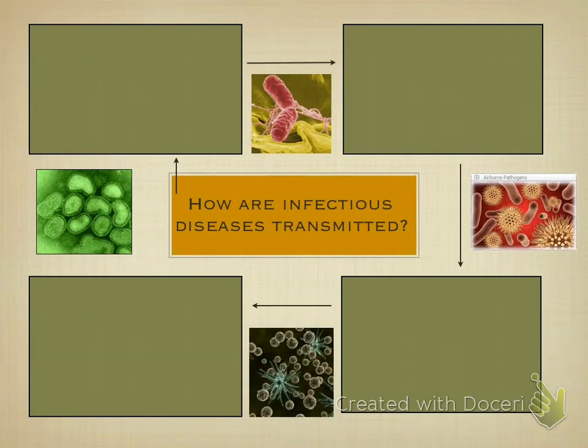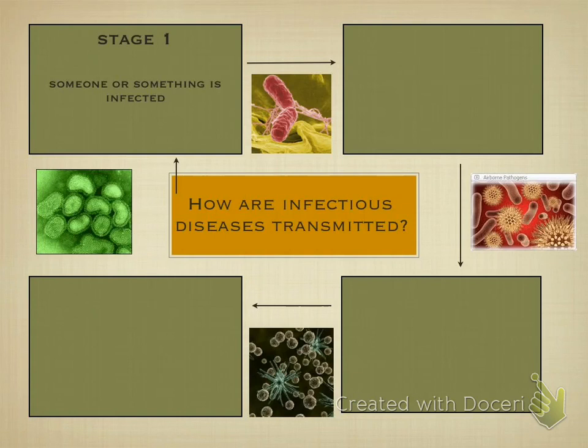Right. All right, so let's look at what happens in stage 1. Now, we kind of had this discussion last week with stage 1, because the bottom line is, before you can become infected with anything, somebody else or something else that you come in contact with has to be infected.